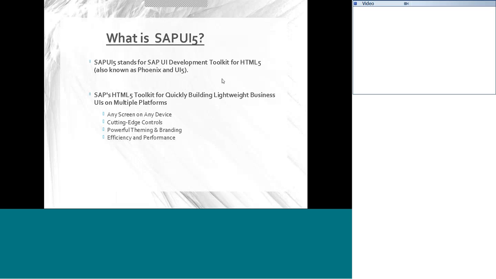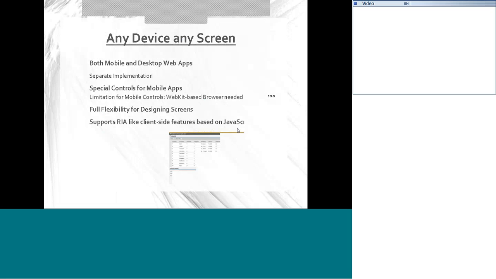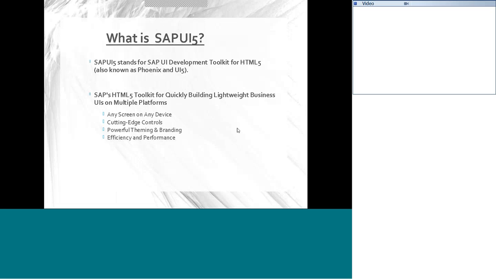That's what we mean by device agnostic and also screen agnostic. What does that mean? It means that if you have coded once, your apps will work on your smartphones, your tablets, and your desktops or laptops with equal ease.